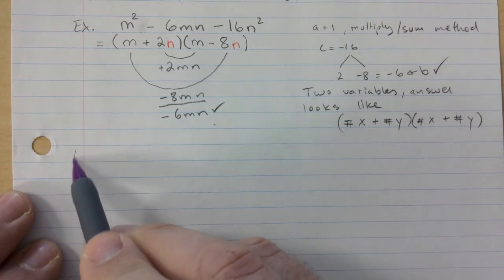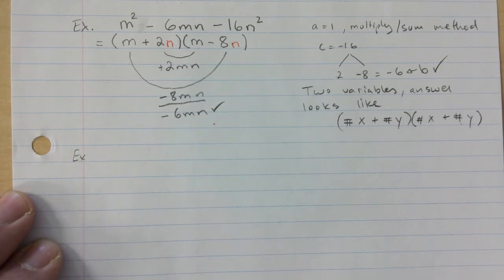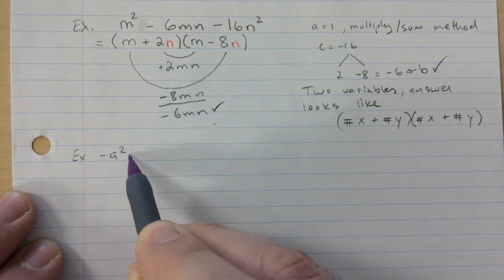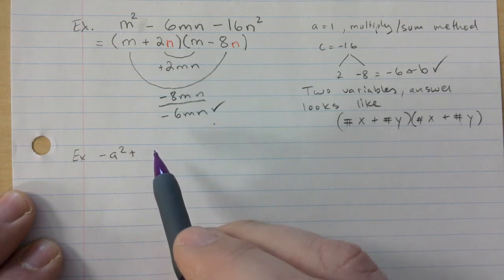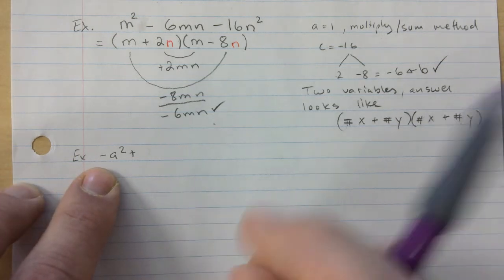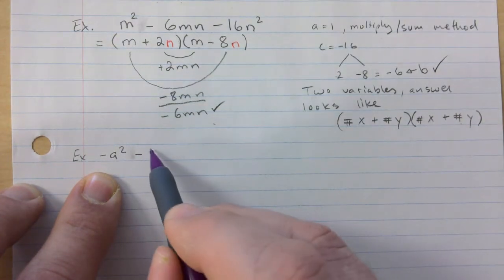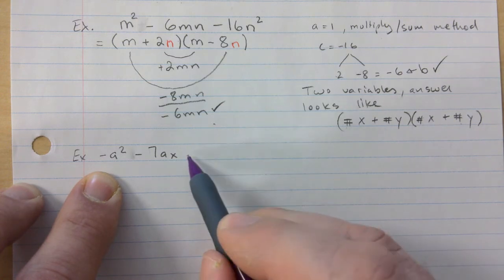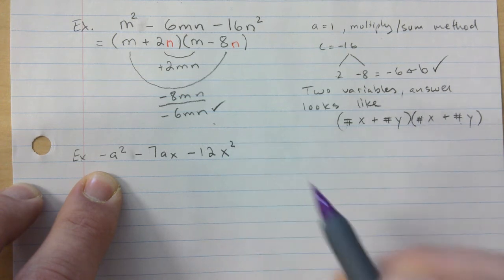Another example. Negative a squared minus 7ax minus 12x squared.